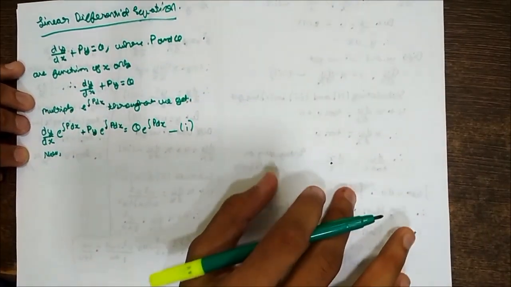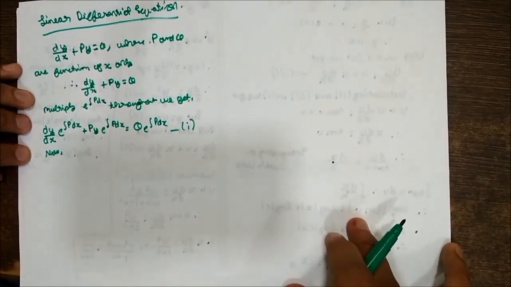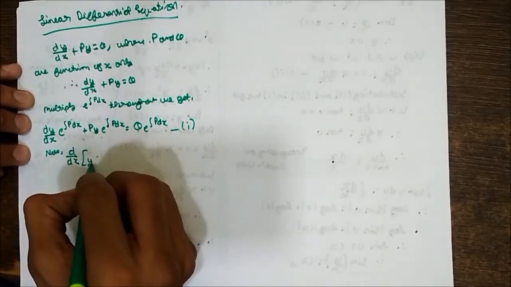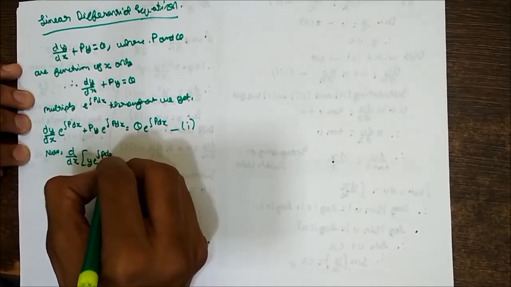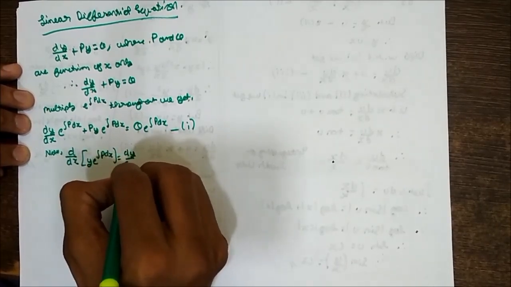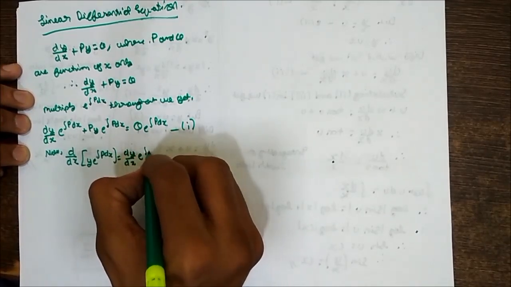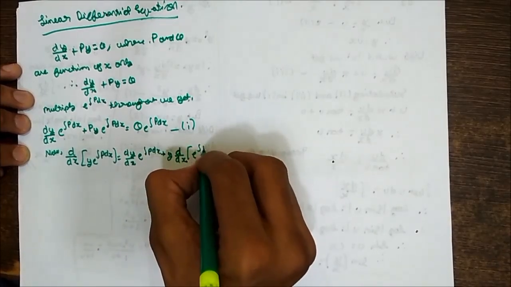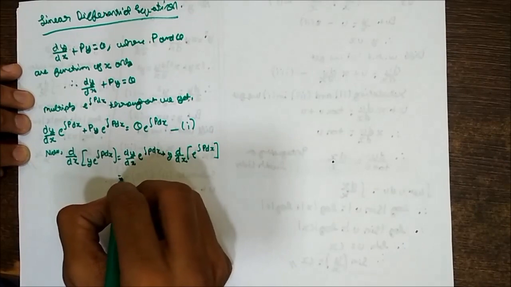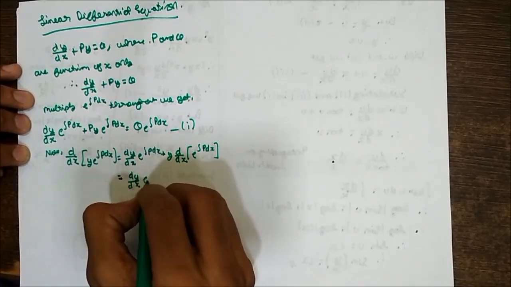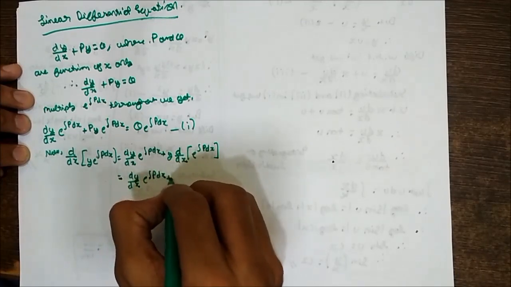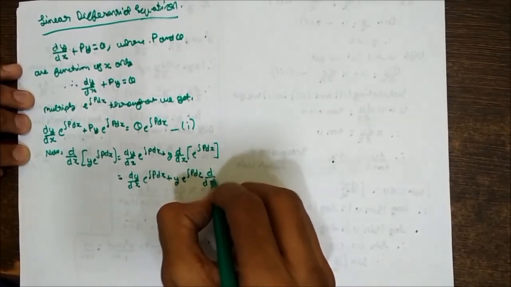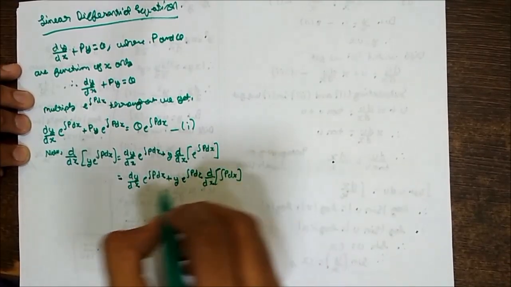Now d by dx of y e raised to integration of p dx is equal to dy by dx e raised to integration of p dx plus y d by dx of e raised to integration of p dx, which is equal to dy by dx e raised to integration of p dx plus y e raised to integration of p dx d by dx of integration of p dx.